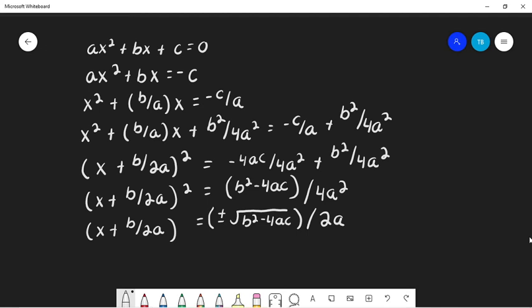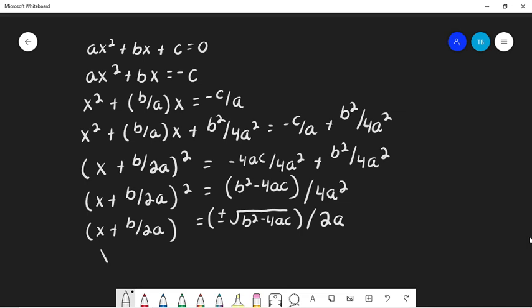Alrighty, last step. What we want to do here is take this term, b over 2a, and subtract it to the right-hand side of the equation. Now you'll notice that b over 2a and this whole big term over here have the same denominator, namely 2a. So when we subtract it to the right-hand side of the equation, we can just write it as one whole big term.